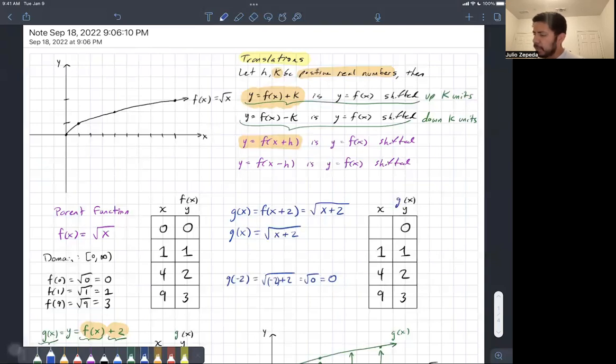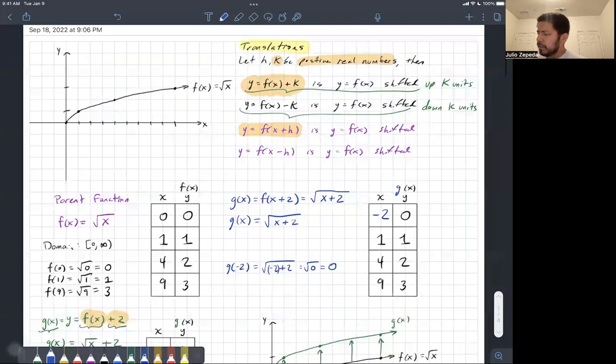So we see that now to get an output value of 0, we need to plug in -2. Notice it changed the x value there if we want to keep the same y value. And similarly, if we want an output of 1 from this function, then what number do I need to plug into x plus 2 for that expression to be equal to 1?